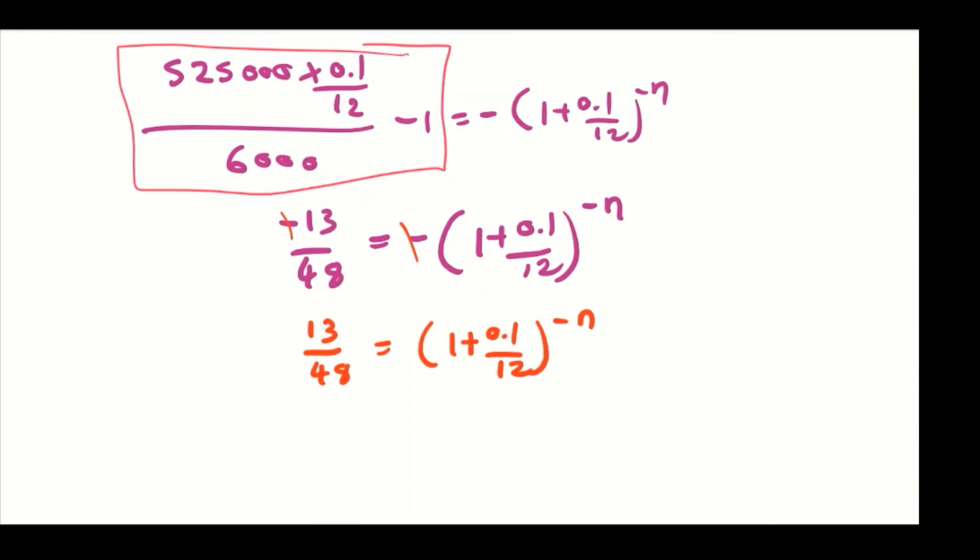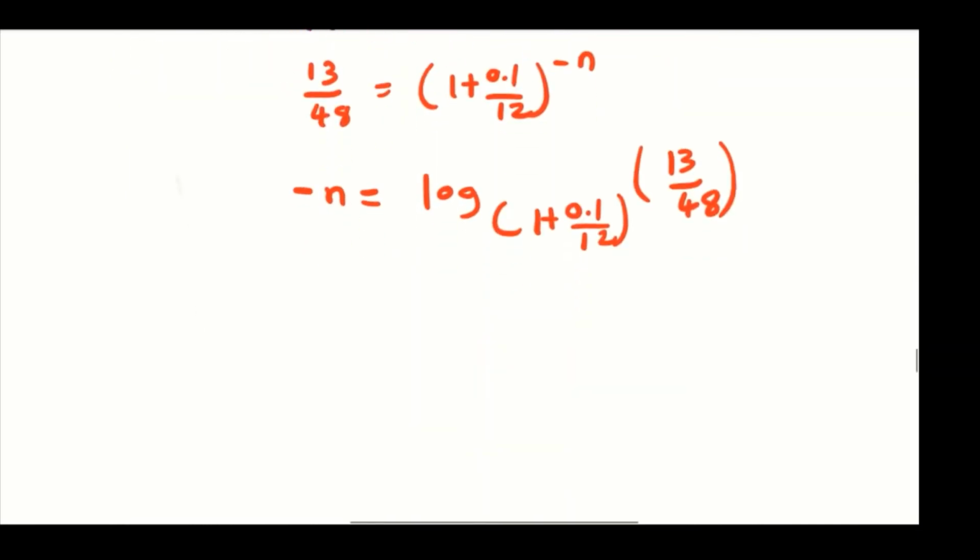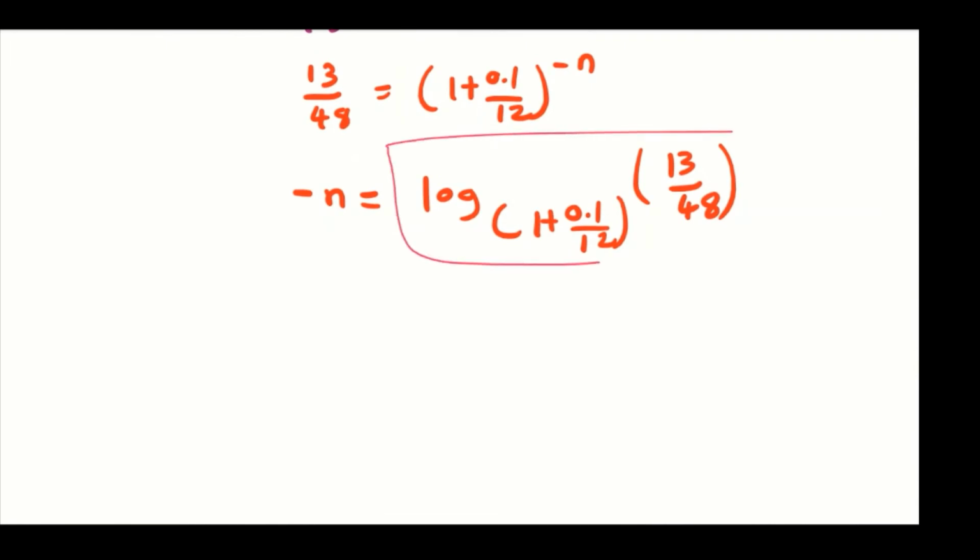So because we're looking for n, we have minus n equals the log, the base is 1 plus 0.1 over 12, of 13 over 48. So now you're going to punch this in your calculator and tell me what you find.